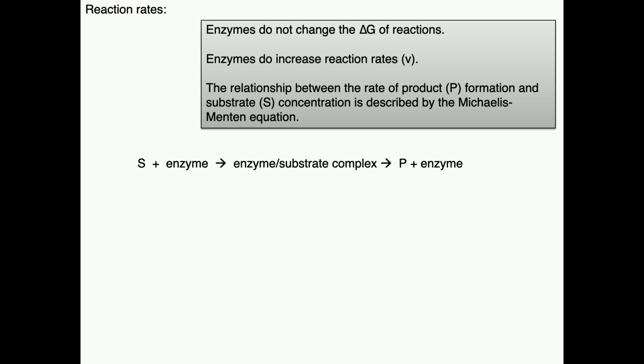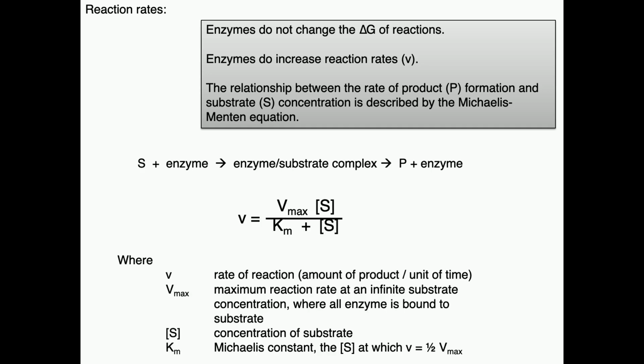So that relationship between the rate of product formation, or the enzyme velocity, and the substrate concentration is given by the Michaelis-Menten equation. So what we're measuring is velocity, or the rate at which product is made. So this would be like moles per second or moles per minute or what have you.